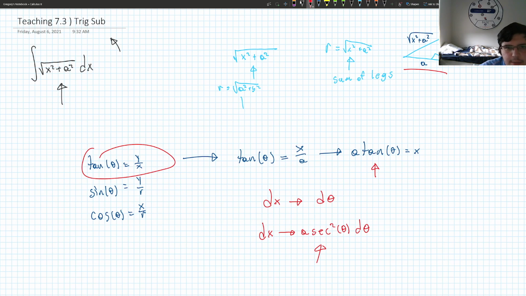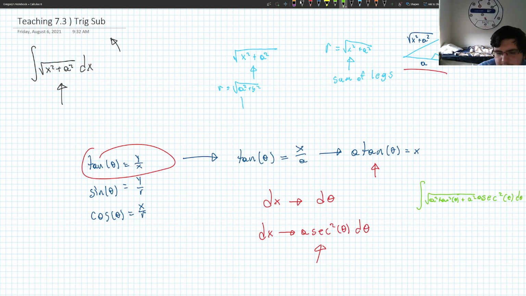So let's go ahead. I'm going to just substitute. I'm going to do this in green so you can see what our final result looks like. So square root of a squared tangent squared theta plus a squared, and then secant squared theta d theta.